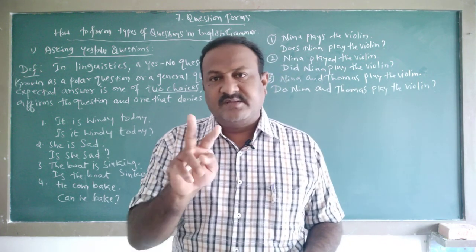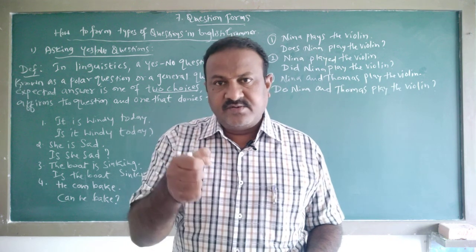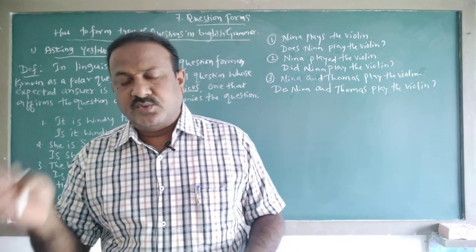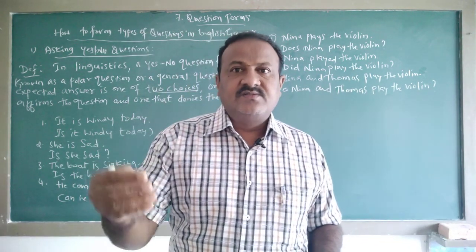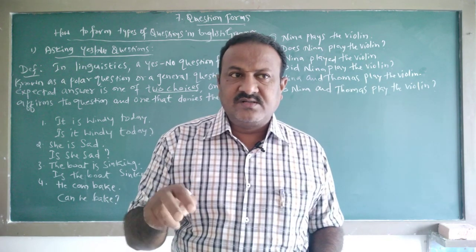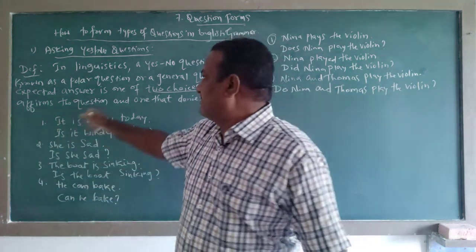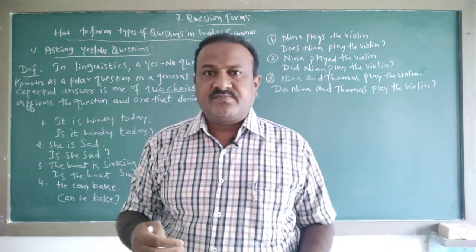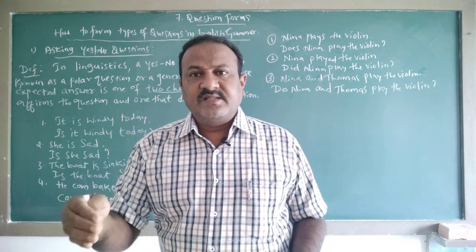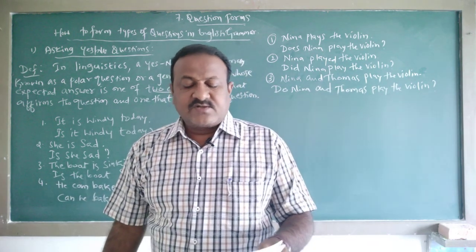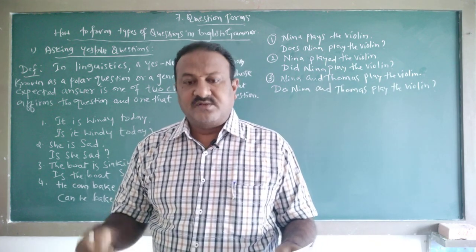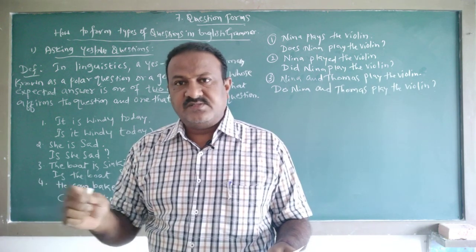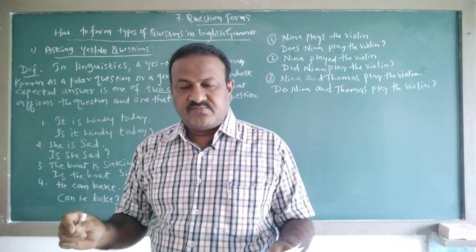A response will come in two ways, affirming or denying, yes or no. Already we have read two choices, two responses, one yes, another no. They usually begin with a verb, including auxiliary verbs, meaning helping verbs, or modal verbs.